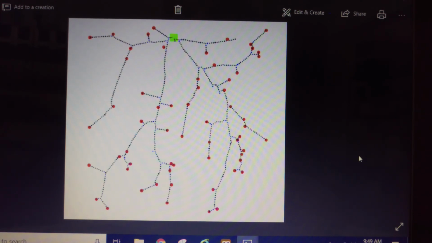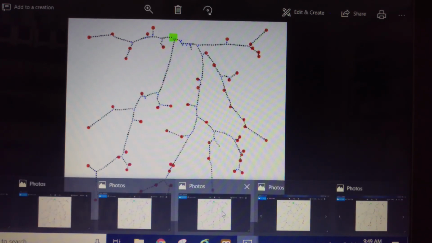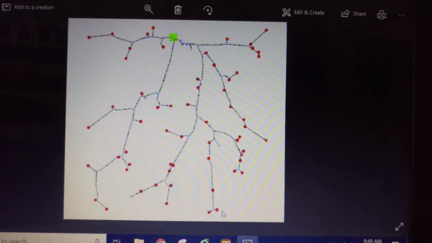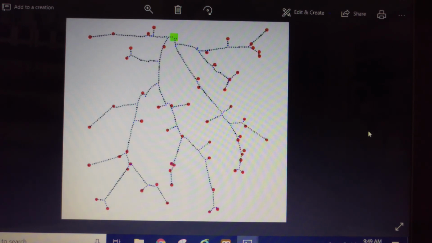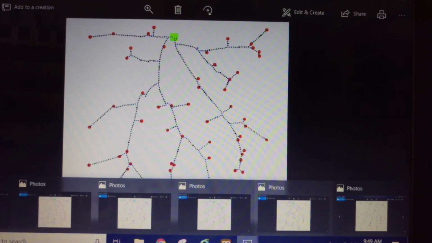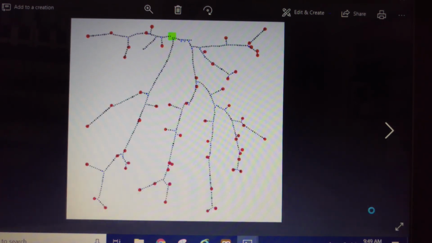This one, 634. This one, 616. This one, 638. And this one, 621.